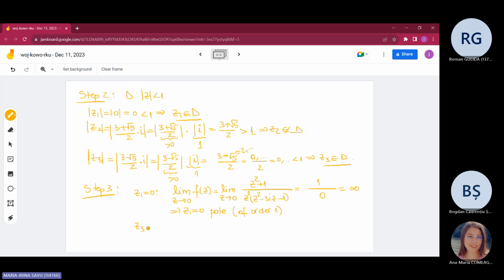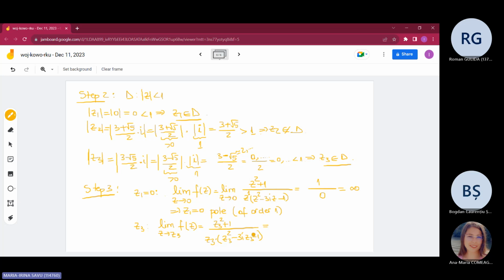And for z3, you have to compute the limit when z goes to z3 of f of z. And this will be actually z3 squared plus 1, I'm going to put it in this way, over 3 times z3 squared times 3z3 minus 1.